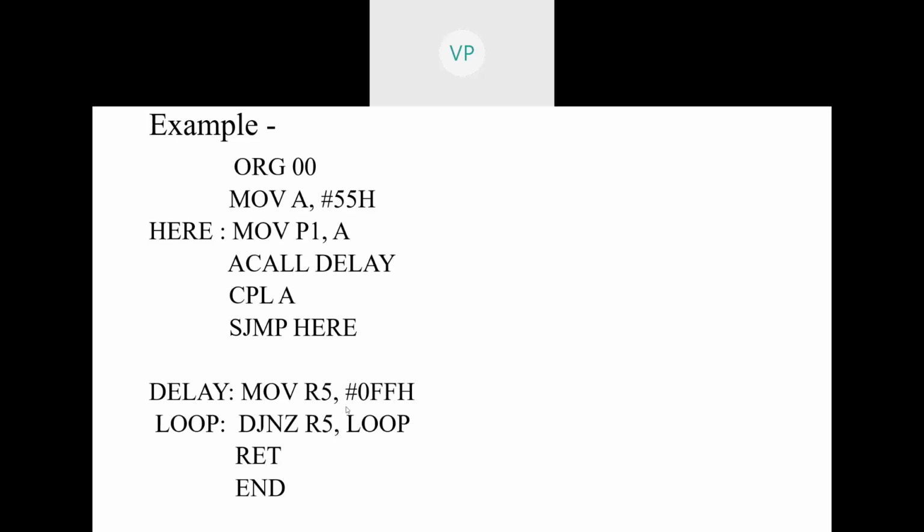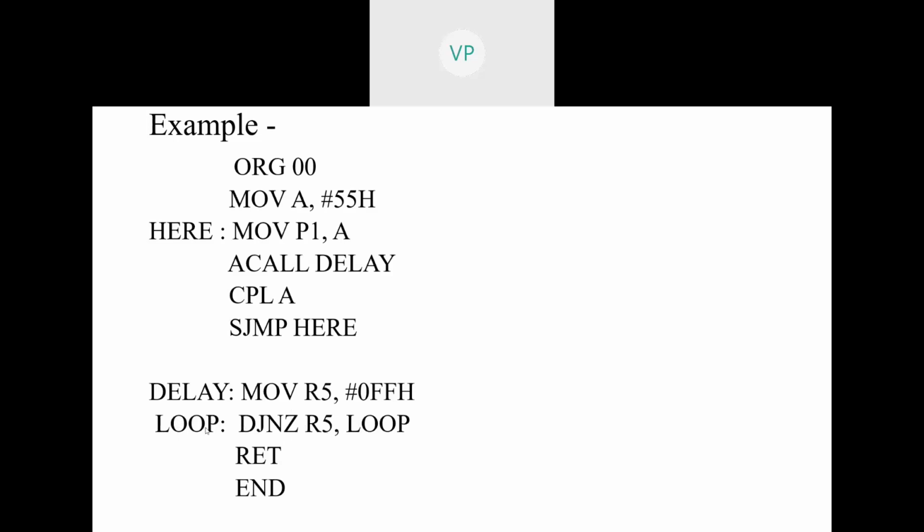The processor will execute this instruction, MOV R5, #0FFh, that is stored into R5. And next we have DJNZ R5. First it will decrement the value of R5, and if the value of R5 is not equal to 0, it will again perform this loop.